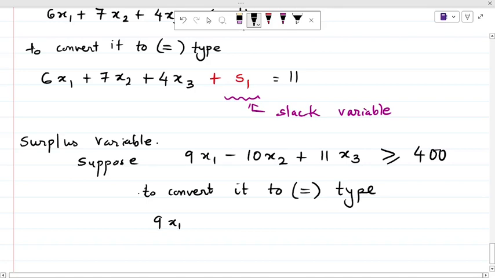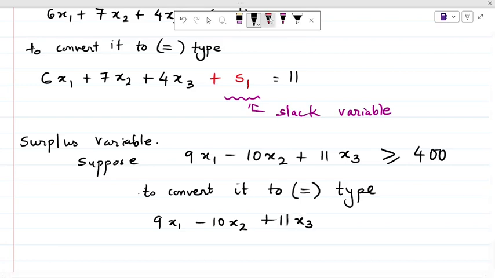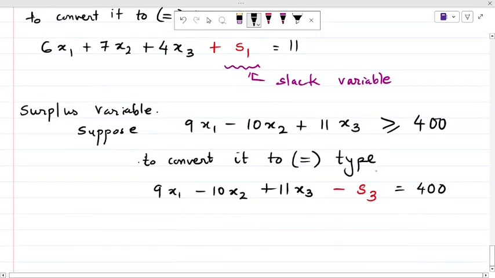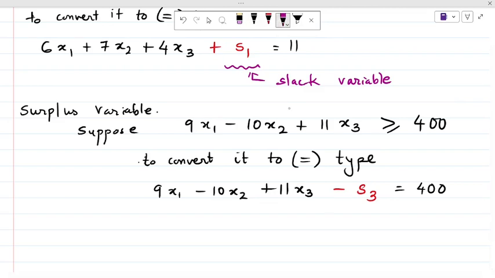9x1 minus 10x2 plus 11x3, now you subtract s3, and this will give you the answer which is equal to 400. When you subtract and it becomes equal, this variable is called a surplus variable.